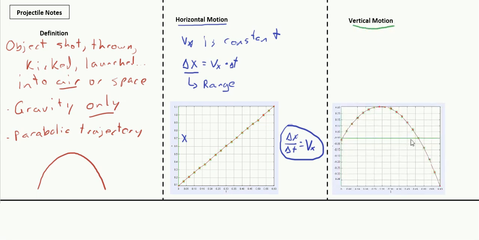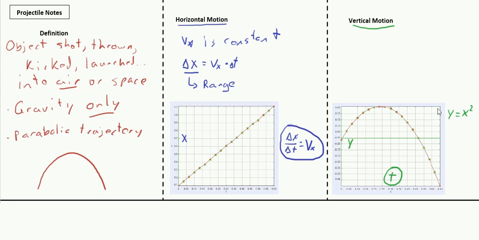So with the vertical motion now, we can see that for the y position and the time, we have what looks like a projectile's curve, a parabola. And the equation for a parabola is in the form of y equals x squared, and the x in this case is the time. So here we're talking about the basic free fall situation.